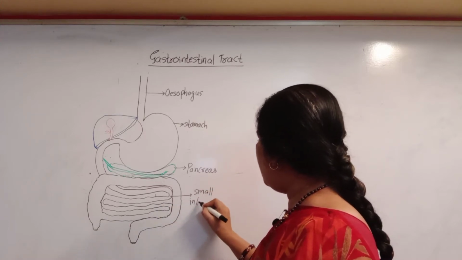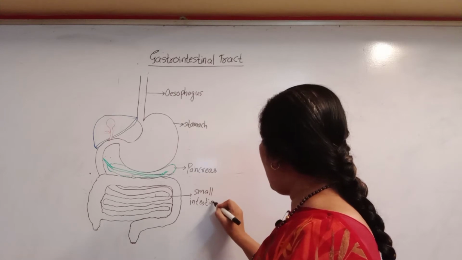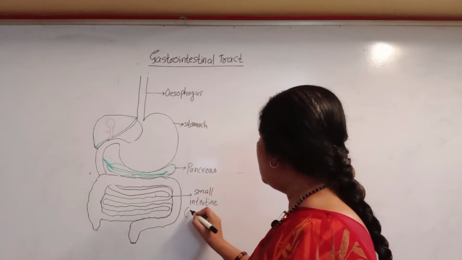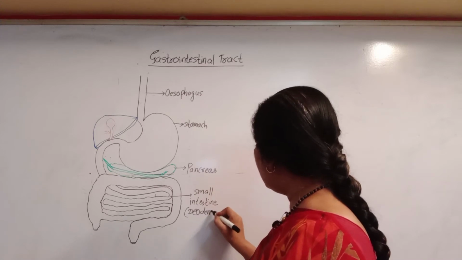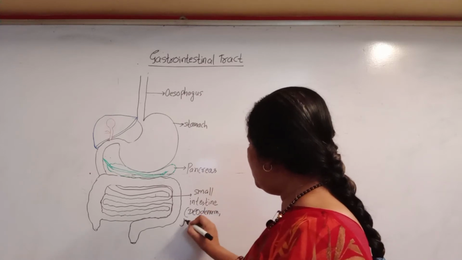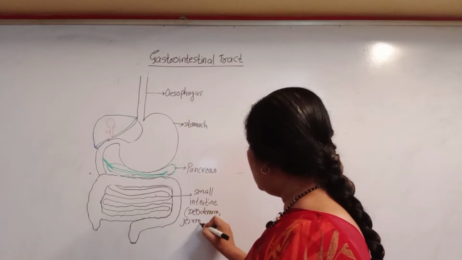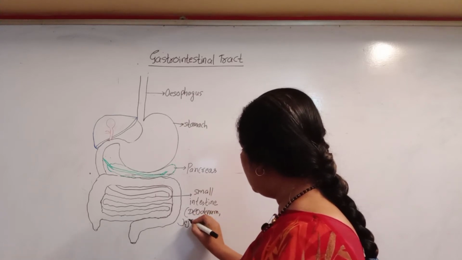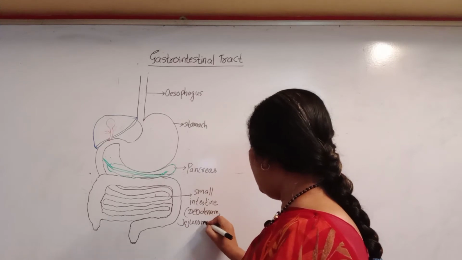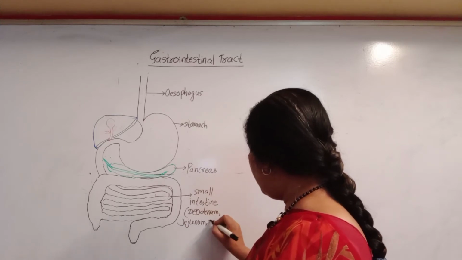The small intestine consists of three parts, that is duodenum, jejunum and ileum.